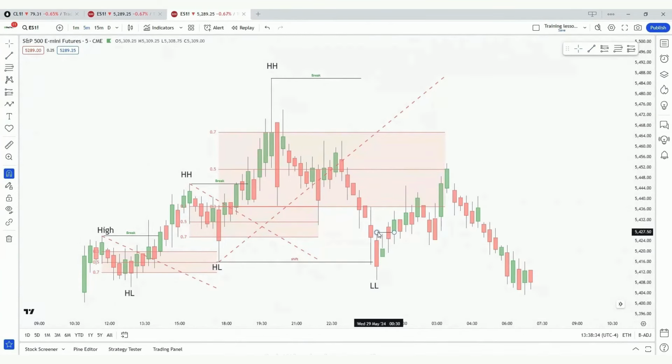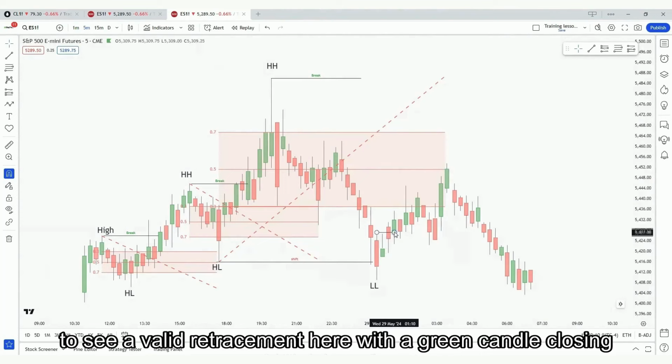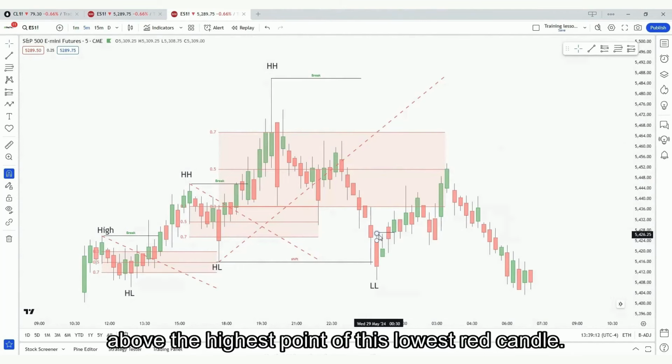So price is going up, retracing into the 50% of this area, and as expected, price is turning around to continue the downtrend. And again, why is it so important to see a valid retracement here with a green candle closing above the highest point of this lowest red candle?